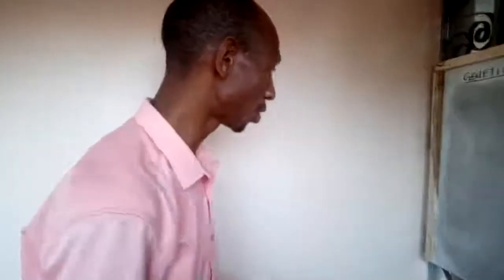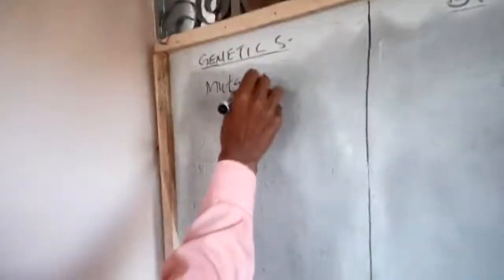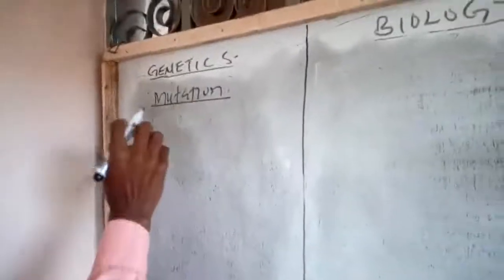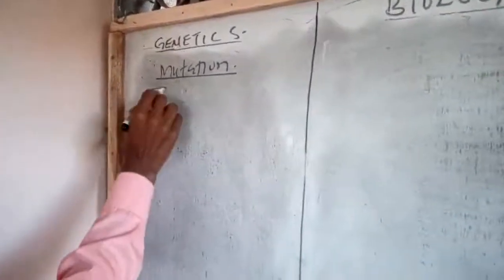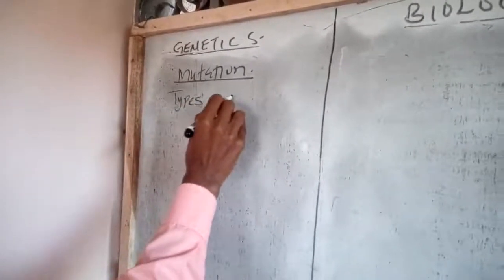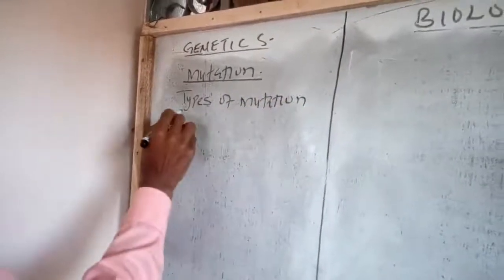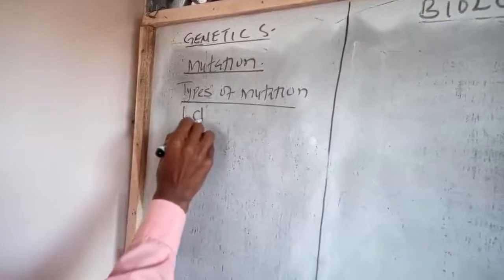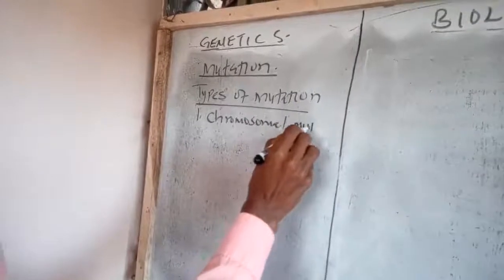As far as the types of mutation are concerned, we have two types of mutation. I have already defined mutation as a spontaneous change in the genetic makeup of a living organism. And as far as the types of mutation are concerned, we have the first one, called chromosomal mutation.